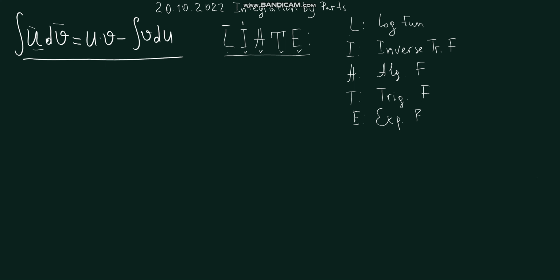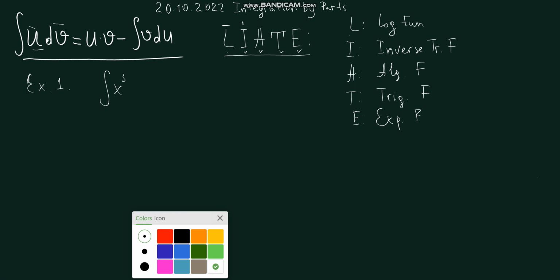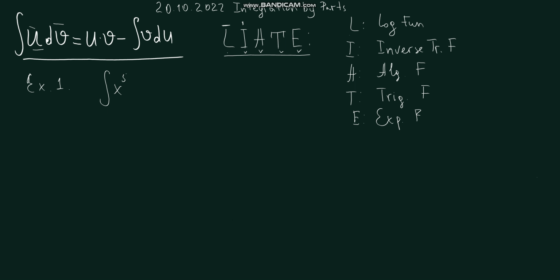Our first example is to find the indefinite integral of x to the fifth power ln of x dx. Here ln of x is a logarithmic function and x to the fifth power is an algebraic function.